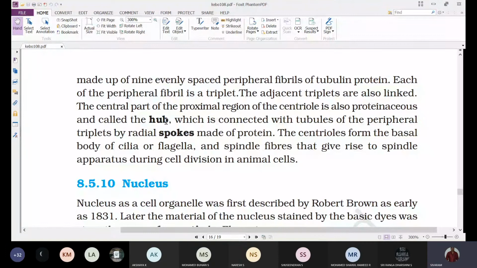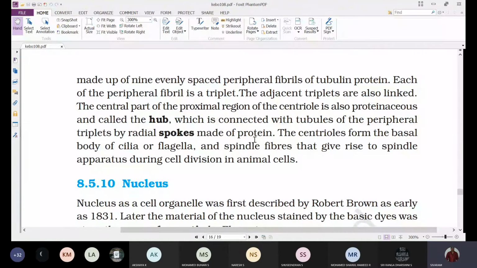So the hub, which is present at the center of the centriole, is joined with the peripherally arranged triplets with the help of radial spokes.